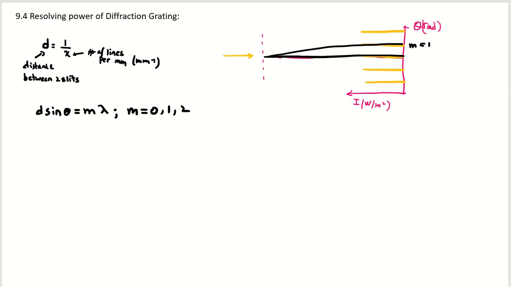As I told you, d is the distance between two successive slits, theta is the angular separation between the central max and the order I'm talking about, and lambda is the wavelength of light.